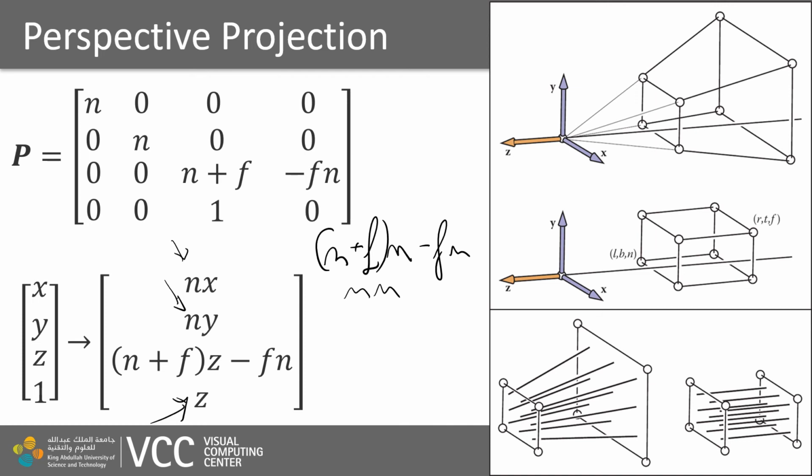n, and if we have our z value, so in case our distance is equal to the far plane, then for this equation the value will be n plus f times f minus fn, which means that we will end up with the value ff here.